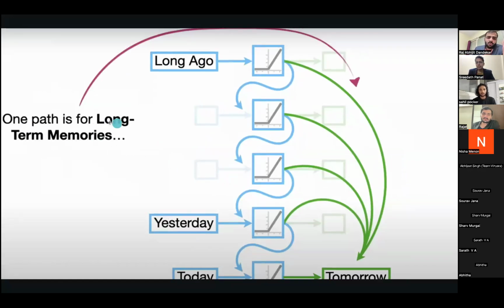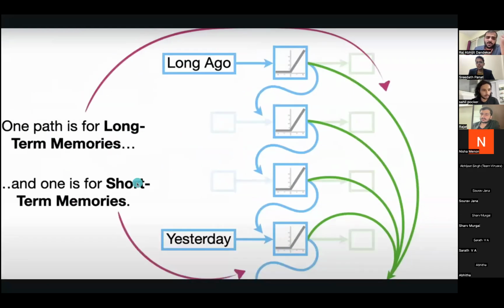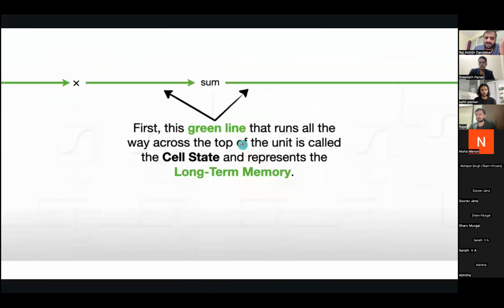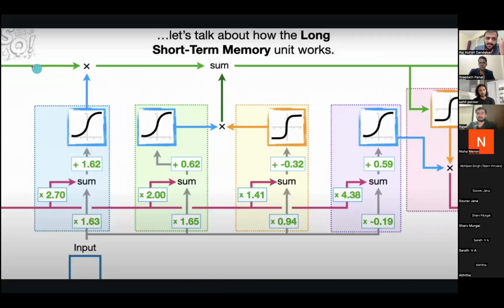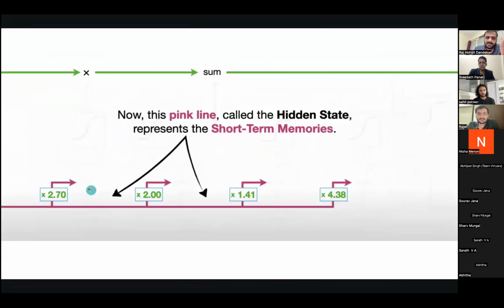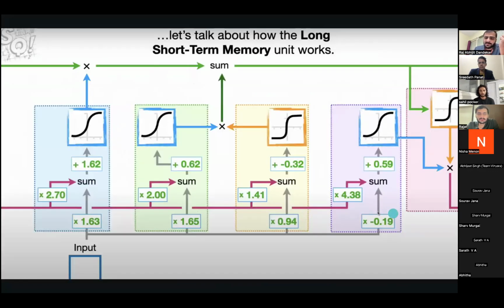So it has two paths. One path is for long-term memories, and one path is for short-term memories. So it turns out that this solves the vanishing gradient problem. I won't go into this LSTM architecture, but basically there are two lines which go through the architecture. The green line, which is the long-term memory, and the pink line, if you see over here, that's the short-term memory.